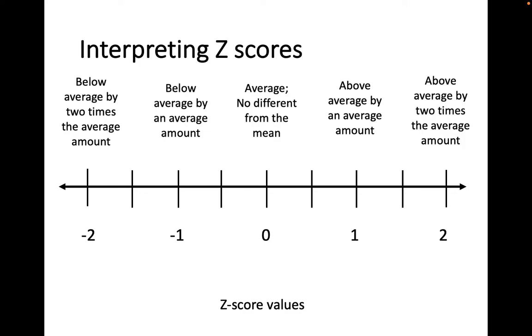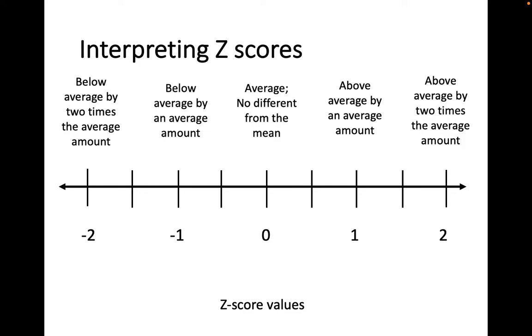If we've got a score with a z-score of either positive 2 or negative 2, we can interpret that as either being above or below the mean by 2 times the average amount. So differing from average by even more, twice the average amount. Now keep in mind here, what we're seeing is a continuum.